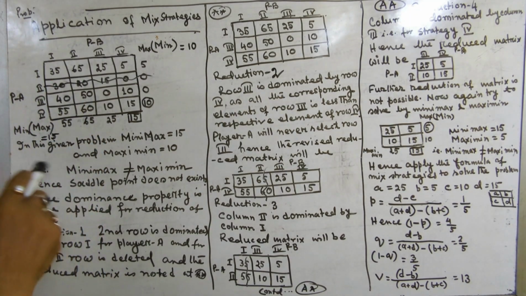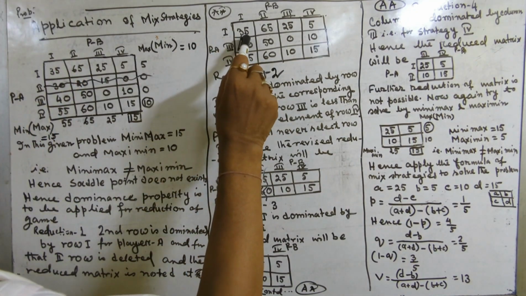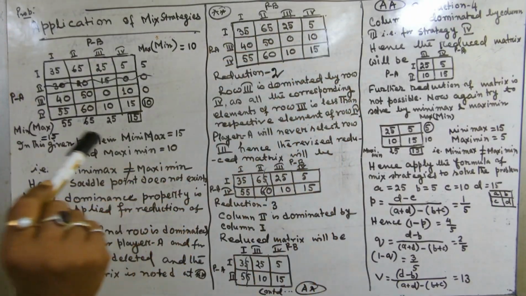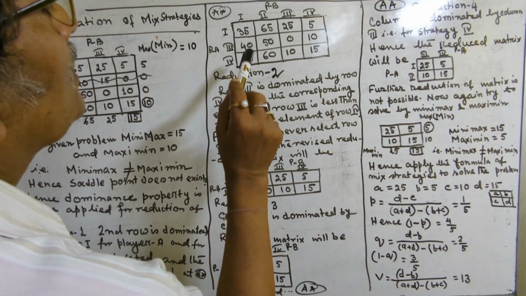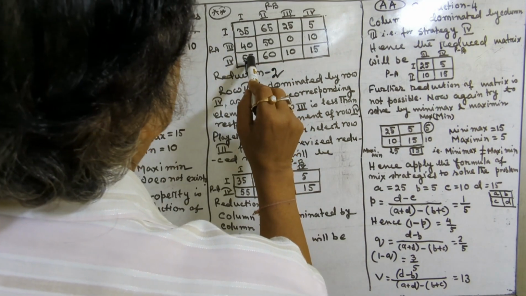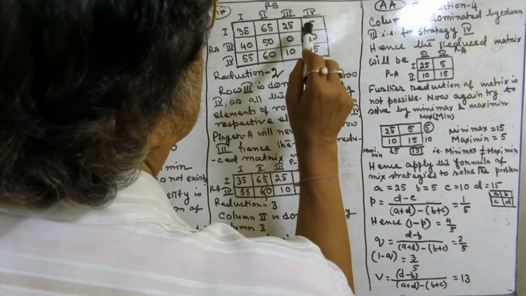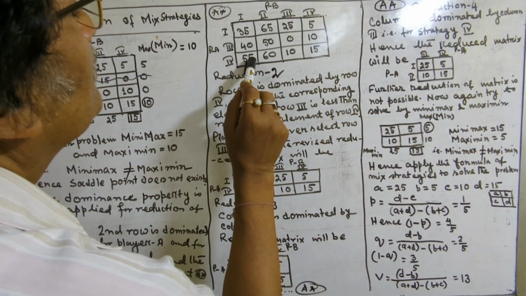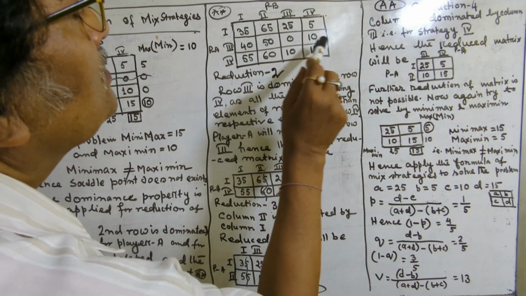The revised matrix after the first reduction is this: row 2 is deleted and the remaining elements are written here. Now again search for any dominance. Again you can check that 55 is more than 35, and this is 65. There is no dominance here. If I compare with this row, then 55 is more than 40, 60 is more than 50, 10 is more than 0.